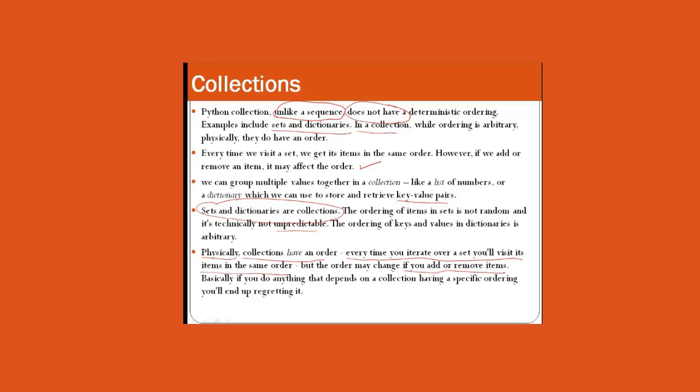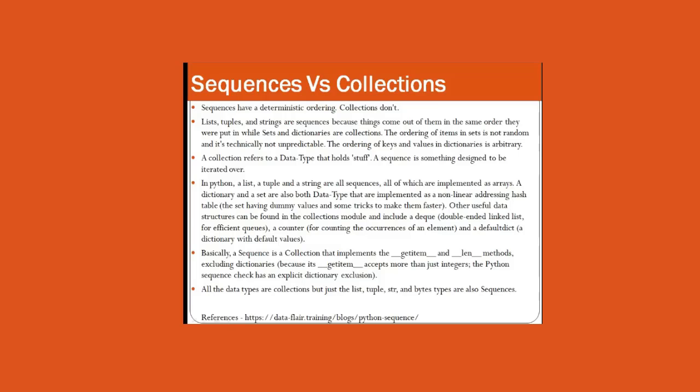Every time you may get a different ordering of the elements. So the difference between sequences and collections is that sequences have a deterministic ordering and collections do not, and this is the biggest difference.